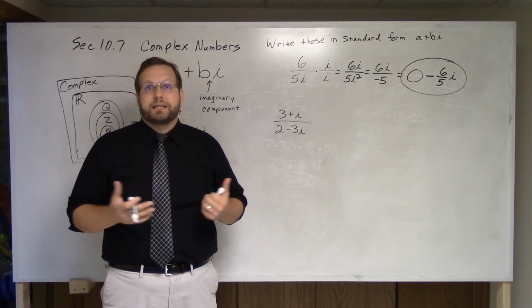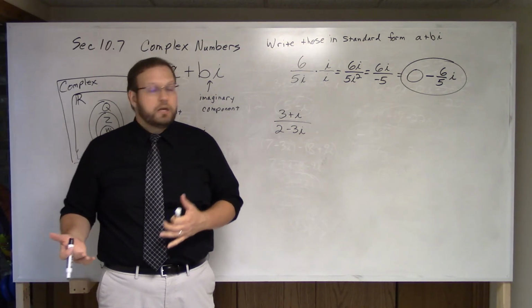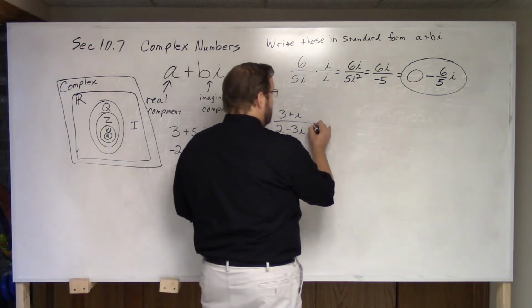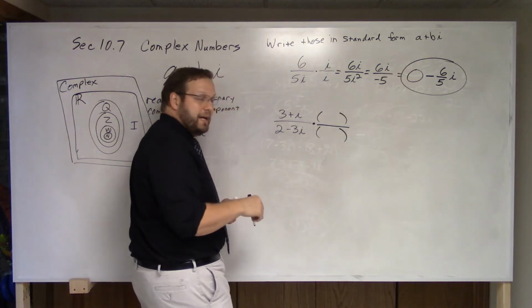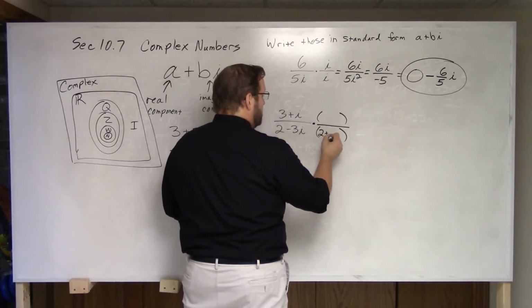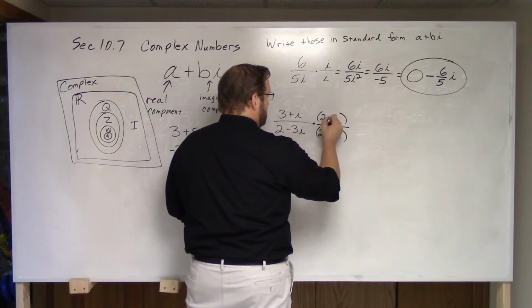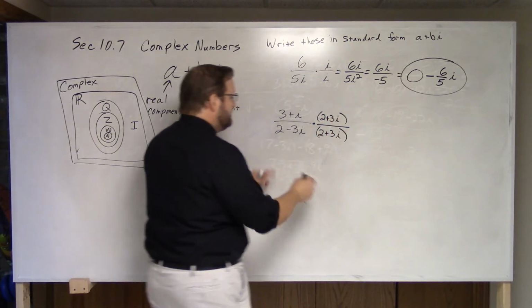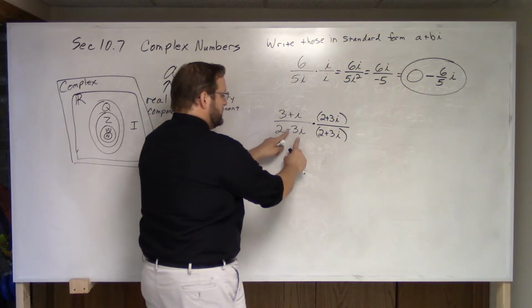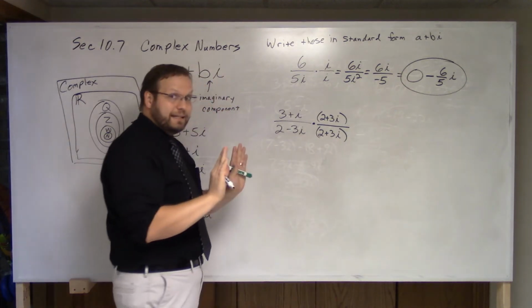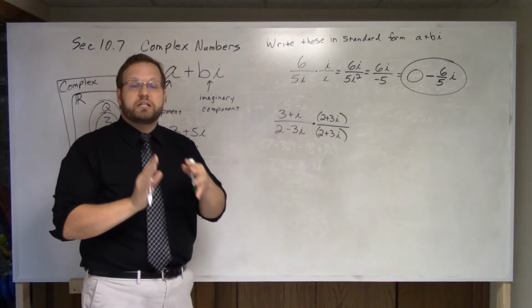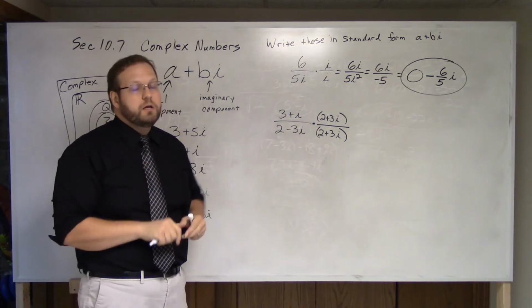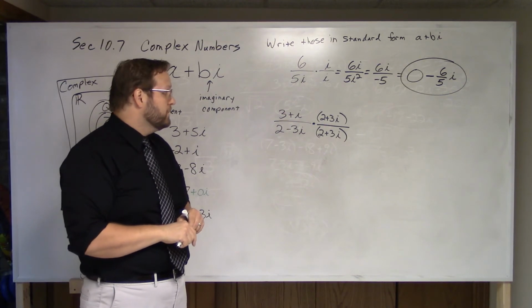In this case, we're using the complex conjugate. So all I would do is I would multiply top and bottom by the complex conjugate, which is 2 plus 3i. Same terms, just opposite sign in the middle. That's it, okay? If there was a negative out here, this would still have a negative. I just changed the sign on that middle part of the complex number, okay?